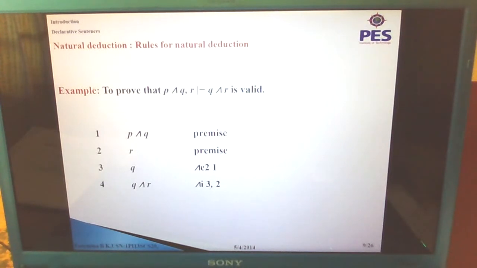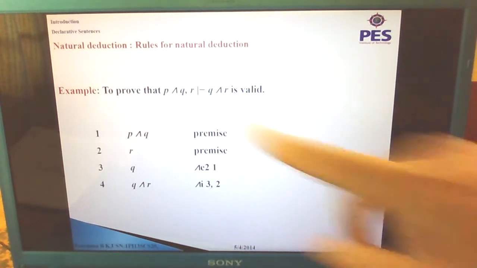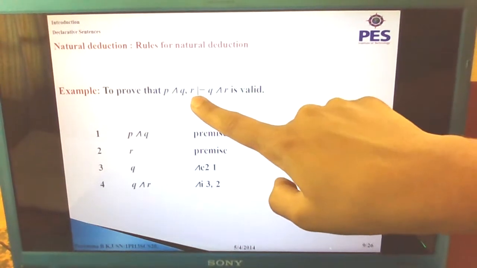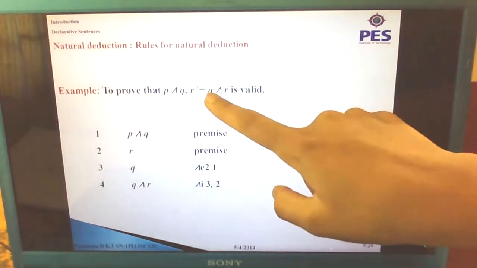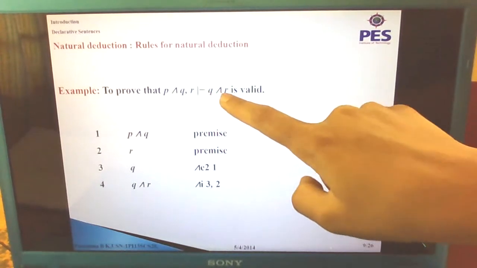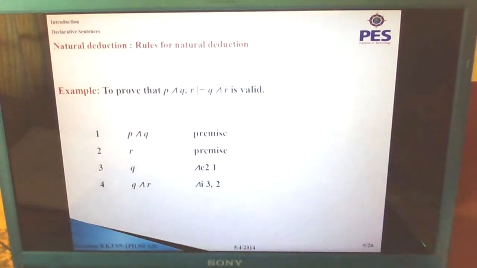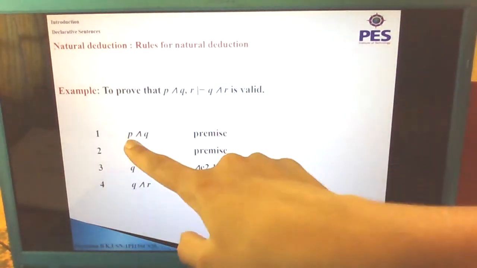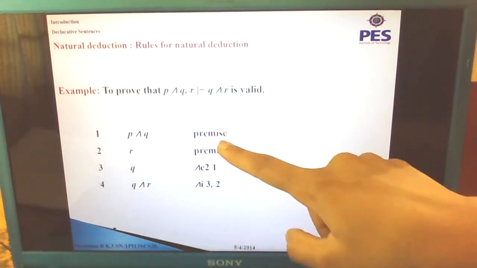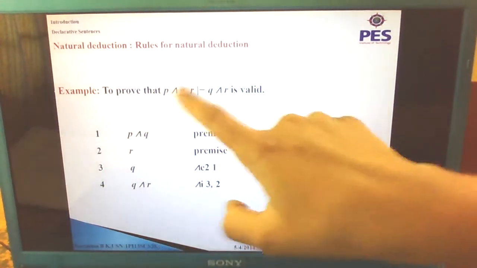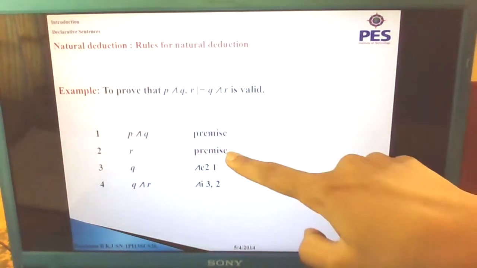Some examples to prove: P conjunction with Q, and R, which give the valid sequence Q conjunction with R. In the first line, P conjunction with Q is a given premise, and R is also a given premise.